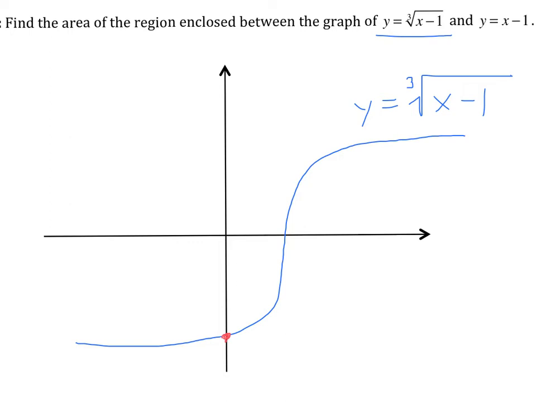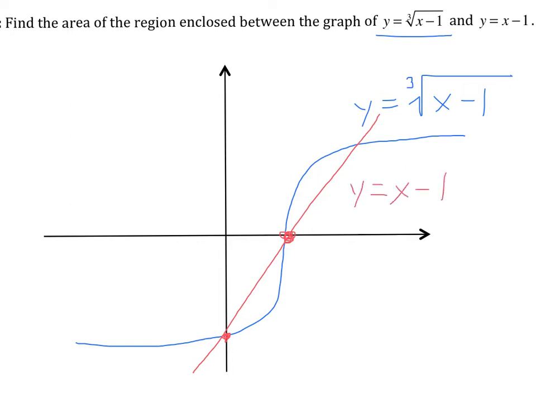I'm also pretty sure that they'll intersect there-ish, but we'll verify all of this with some maths. And so there's the line y equals x minus 1, more or less.